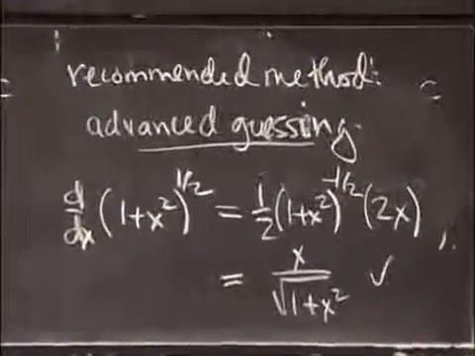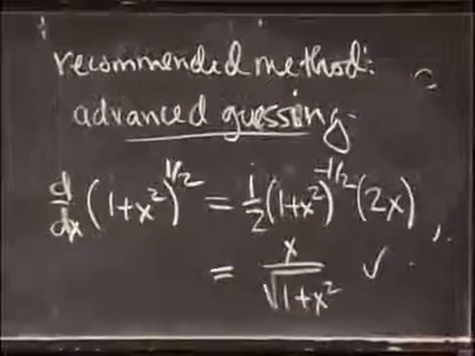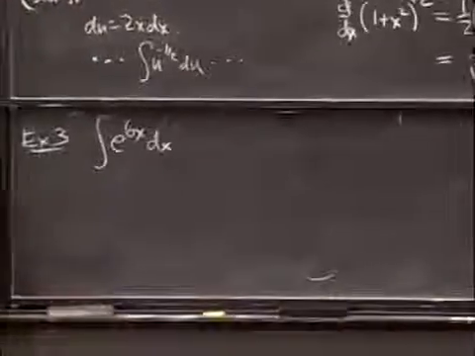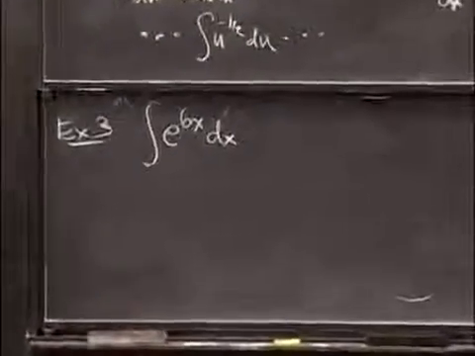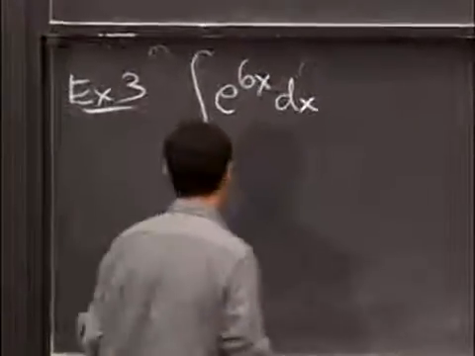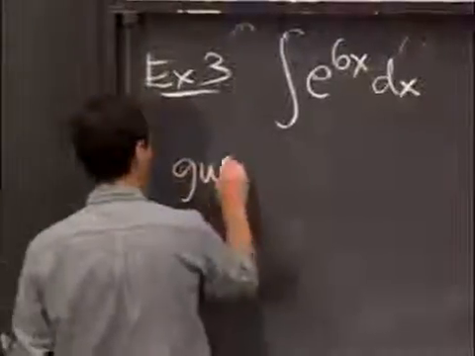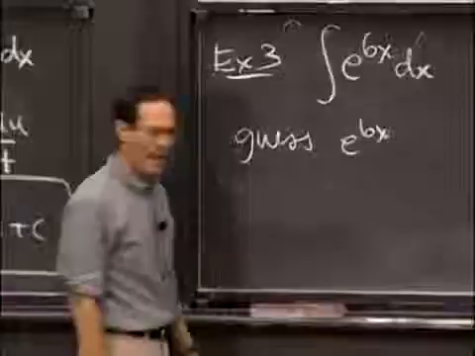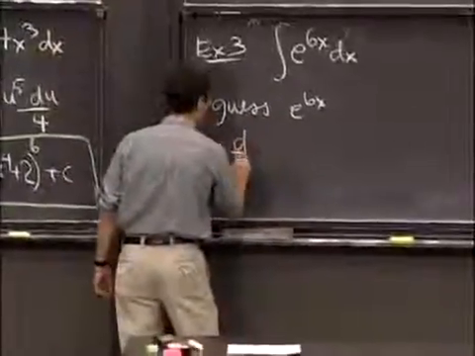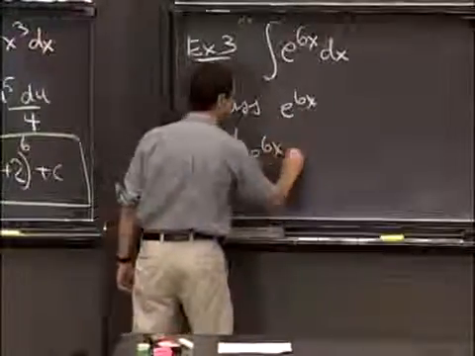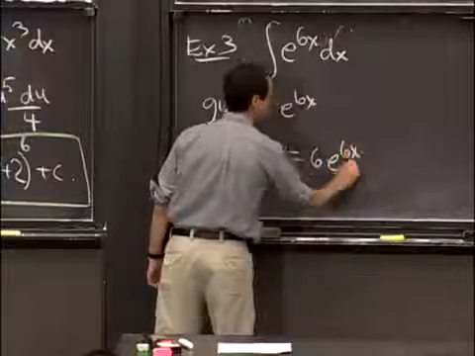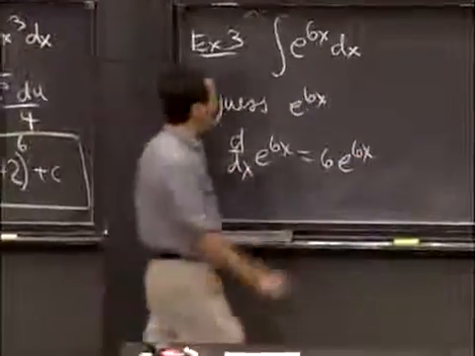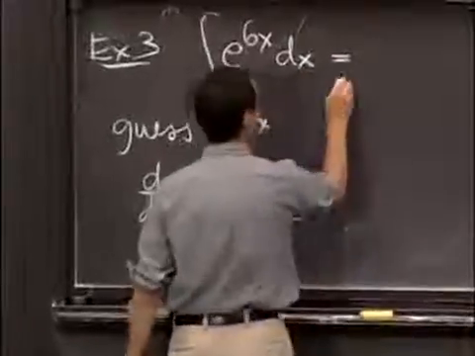So here's another example, e to the 6x dx. My advanced guess is e to the 6x. And if I check when I differentiate it, I get 6 e to the 6x. That's the derivative. And so now I know what the answer is.